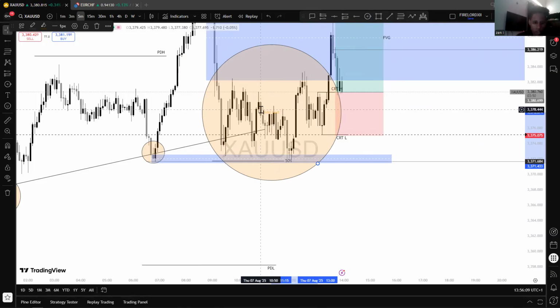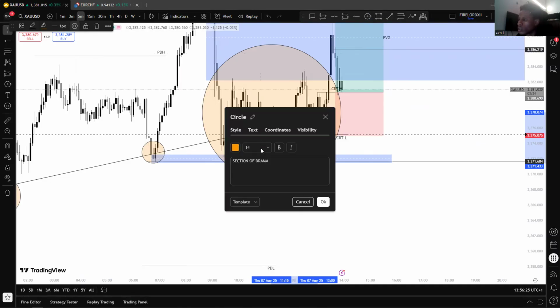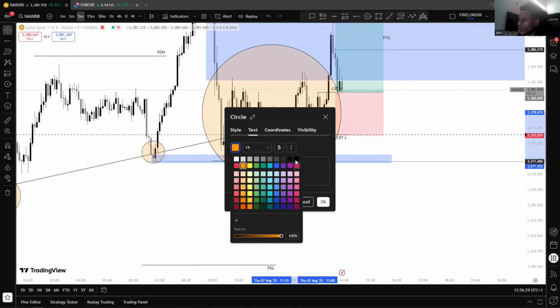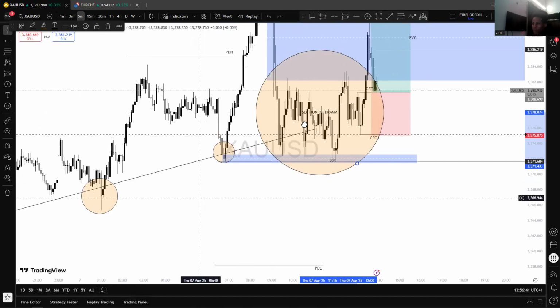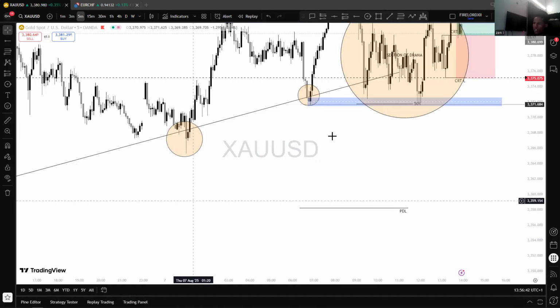Settings, text, color, okay. This section of drama. Before this section of drama came to be, we did not get a close below any of the lows in the uptrend.